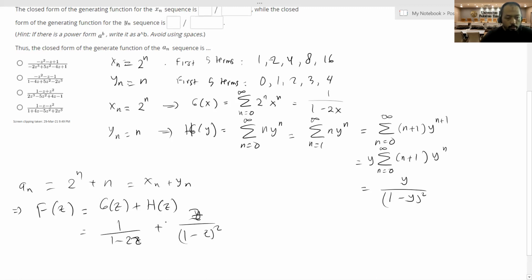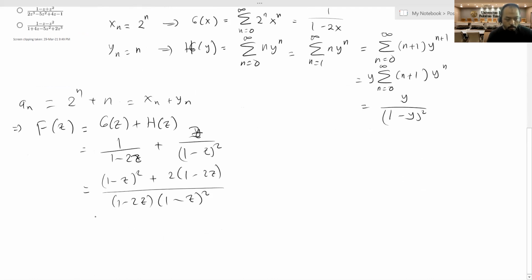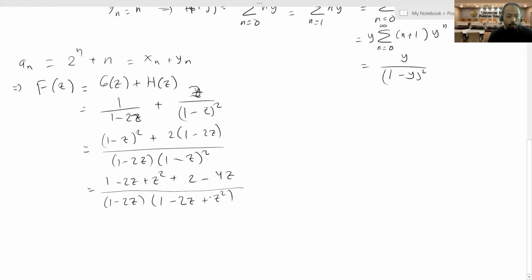We could simplify this, so we get 1 minus z squared plus z times 1 minus 2z over 1 minus 2z times 1 minus z squared.